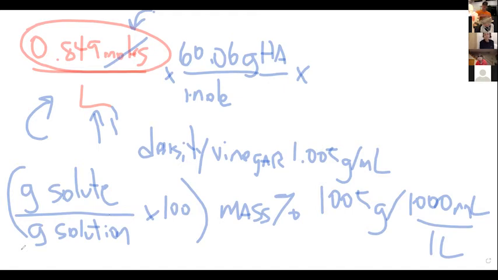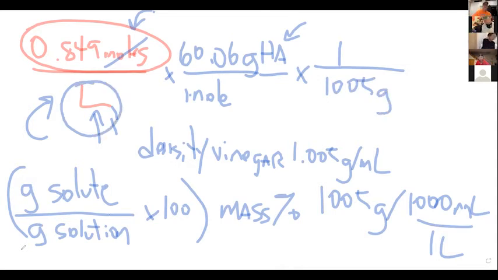So if I have grams of acetic acid, I want to multiply that by 1 over the grams of solution, and that's 1,005 grams. So I've converted liters of vinegar to grams of vinegar, and vinegar is my solution.